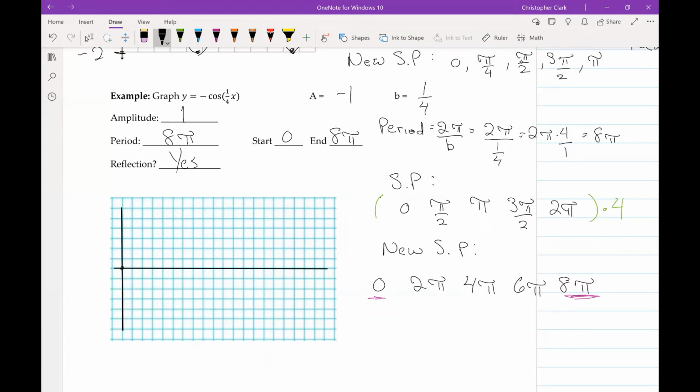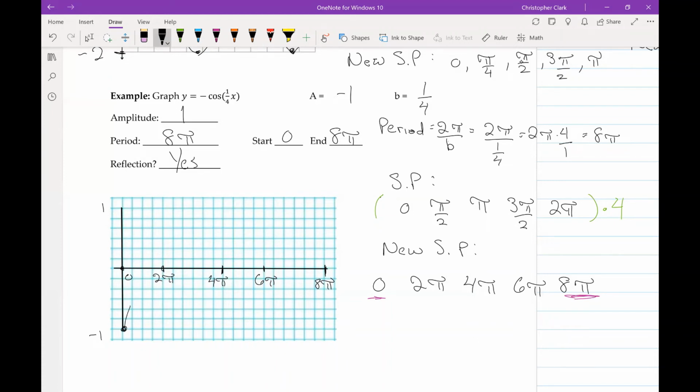So I'm going to put 0 right here. I'm going to put 8 pi right here. Here in the middle, I'll put 4 pi. Here I'll put 6 pi. Here I'll put 2 pi. Now normally we'd start off here, right, at 1, but it's flipped, so we're going to start at -1.